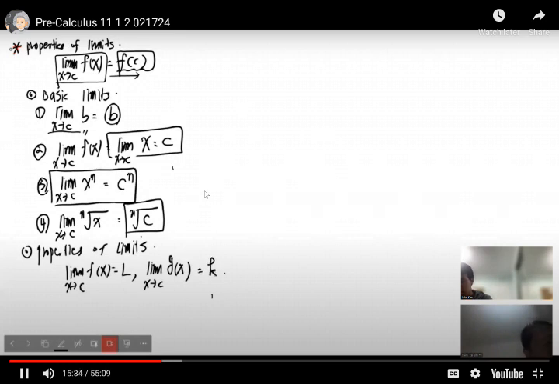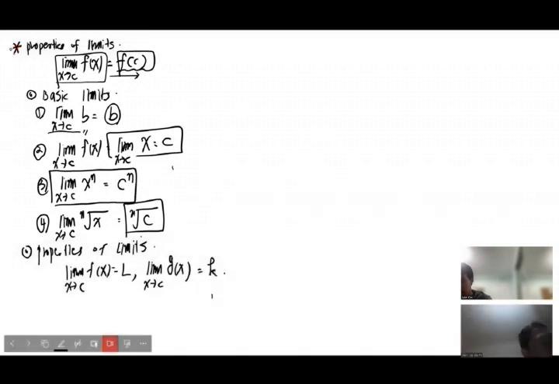Equals k. Then number 1, scalar multiple.